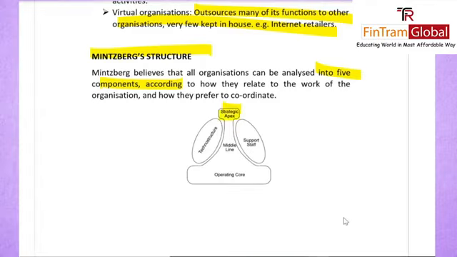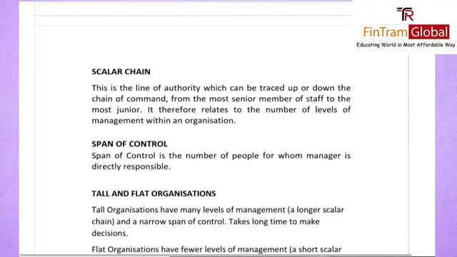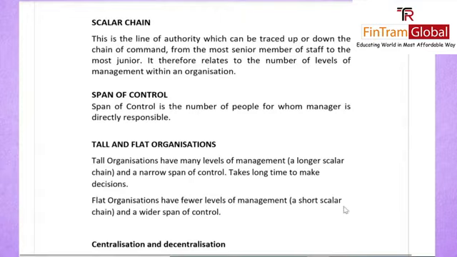This is basically your top management, who are there to make your strategic decisions. Then you have your middle line, who will be passing down the instructions to your operating core, the people who are actually doing the work. You have your support staff, this is your PR or any legal counsel services. And then of course you have your techno structure; your finance and HR, all of them will fall into this part.